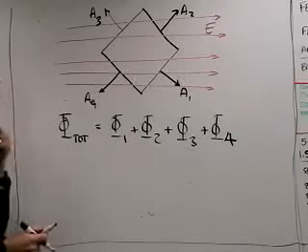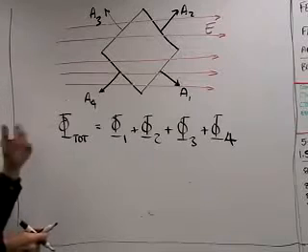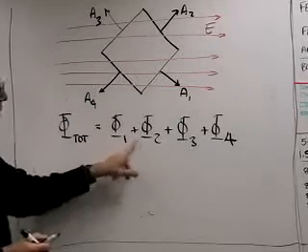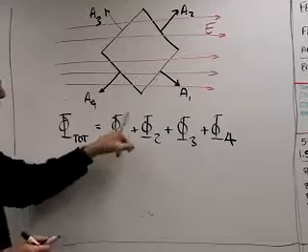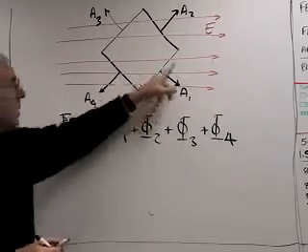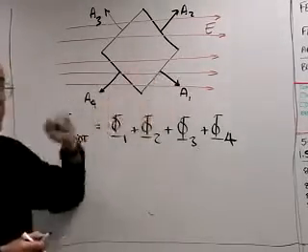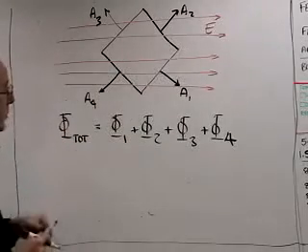All right, well, once again, the flux through any part is just the electric field times the area of the surface times the cosine of the angle between the electric field and the surface.